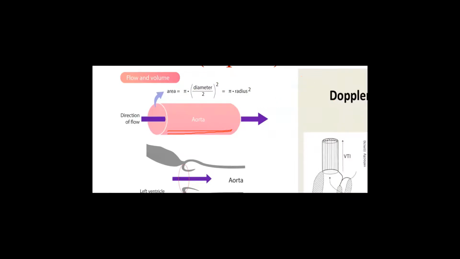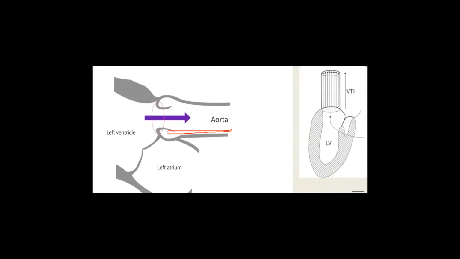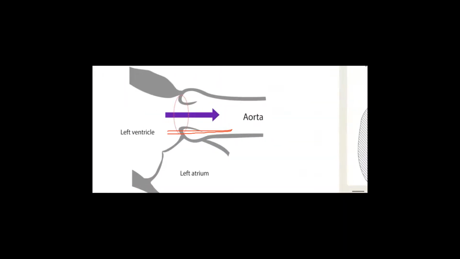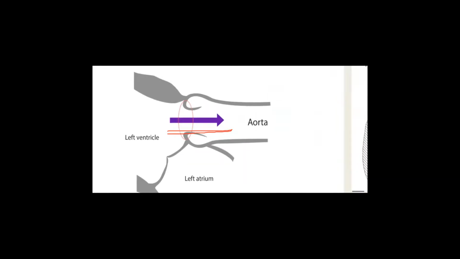Yes. Therefore, now if I have this LVOT, look at this LVOT. How can I calculate the stroke volume here at the LVOT? What do I need? LVOT diameter. Exactly, which is measured this way. This one, okay?